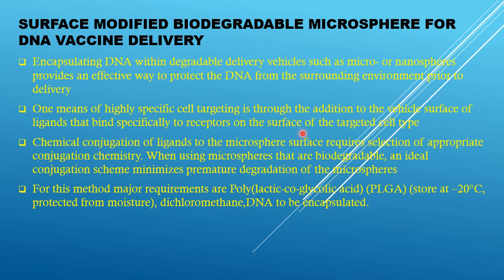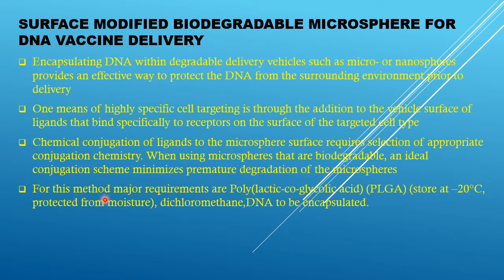This is one way. Chemical conjugation of ligands to the microsphere surface requires a selection of appropriate conjugation chemistry. When using biodegradable microspheres, an ideal conjugation scheme minimizes premature degradation of the microspheres.